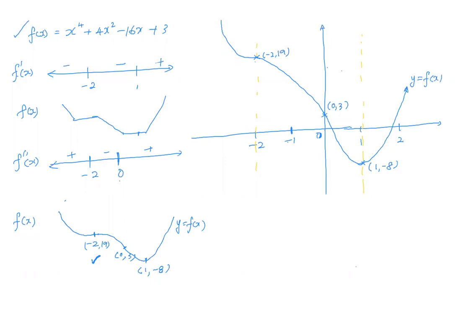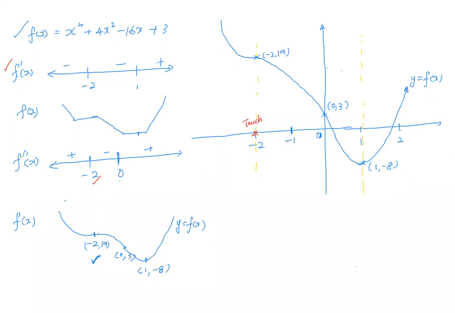Now based on my y equal to f(x) graph, I can also get my f prime x graph even without the sign diagram. I use red for the f prime x graph. Because this is stationary, it will pass through this point, and it's also an inflection, so it will pass through this point. It will touch this point, not cut.